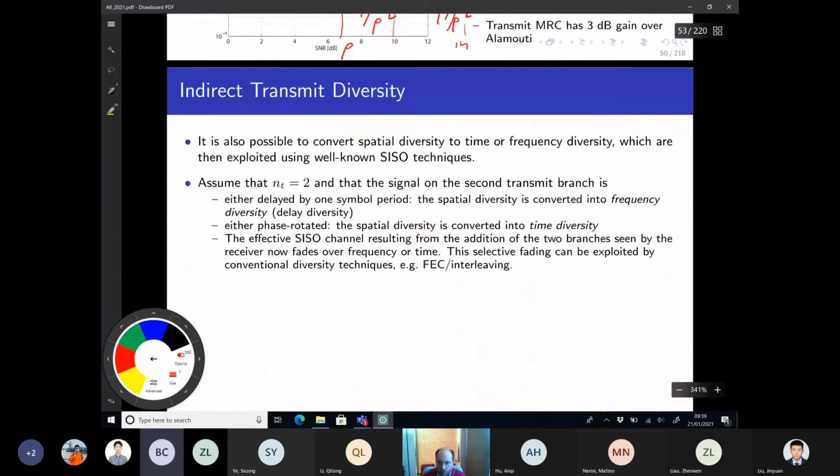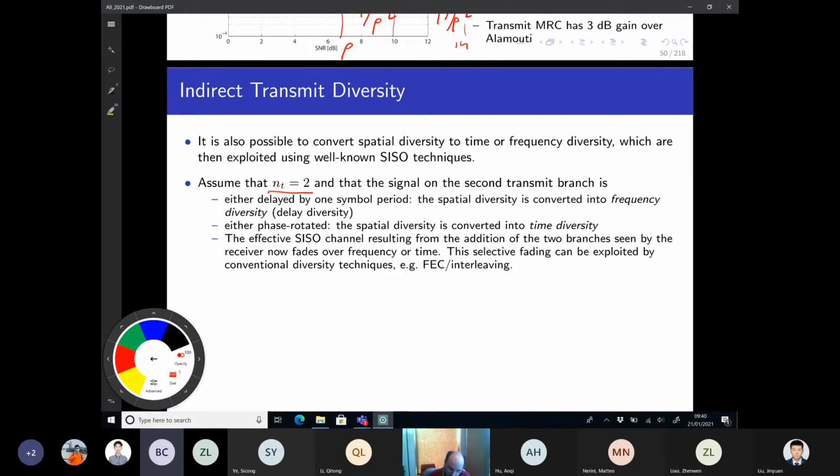Good. So one more thing here, indirect transmit diversity. There are other techniques. I will not go into those details, but if you're interested, you can see the book. What we talked about here is really the spatial domain, but you can use 2 transmit antennas to convert your spatial domain diversity into another domain.